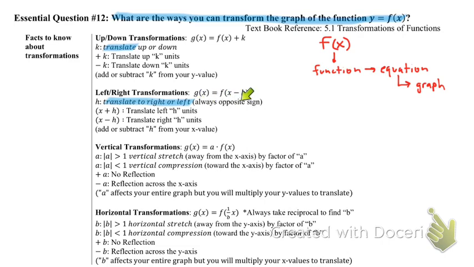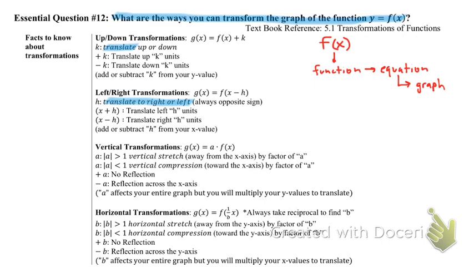The thing you need to remember is when you translate it left or right, your value, in this case h, always moves from the opposite sign. So if it's negative, it's going to move in a positive direction. If it's positive, it will move in a negative direction. There's more details here.